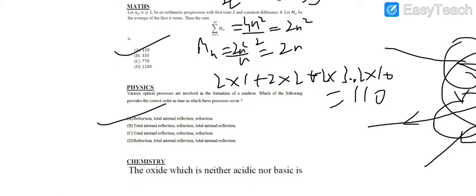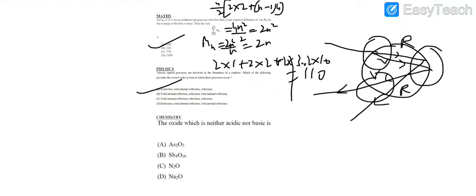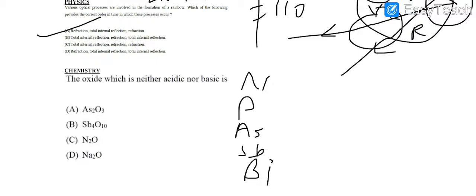Now let's go to the chemistry question. Now in the chemistry question, the group 15 oxides have been mentioned. Now all of you know that the group 15 elements are nitrogen, phosphorus, arsenic, antimony and bismuth.